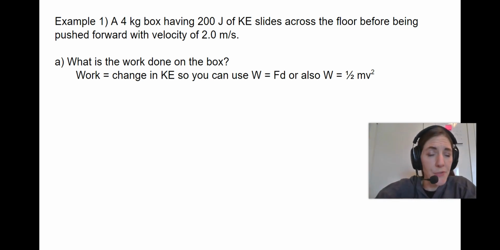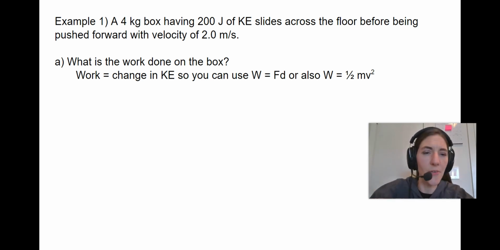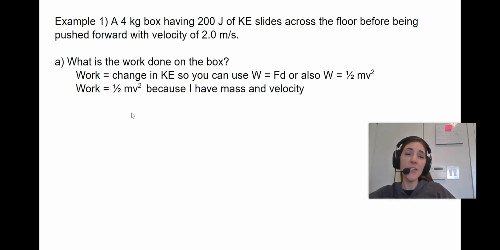So you could use work equals force times distance, which is nice if the problem gives you the force and the displacement. Or I have to think of it as work equals change in kinetic energy in this case. So it's 1/2 mv squared because I have a mass and I have a velocity.